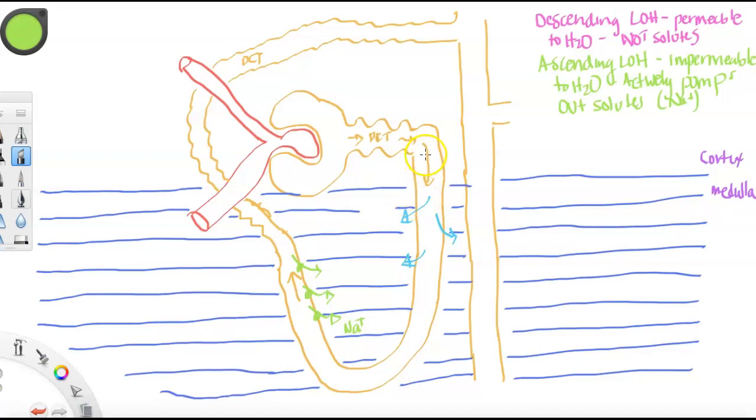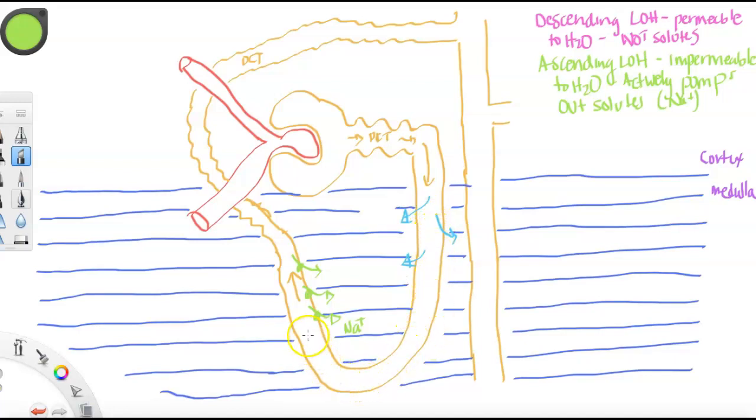So as the filtrate is going down the descending loop, it's losing water, it can't move any solutes, so its osmolarity is going up. Okay, it's going up because it's accumulating solutes.